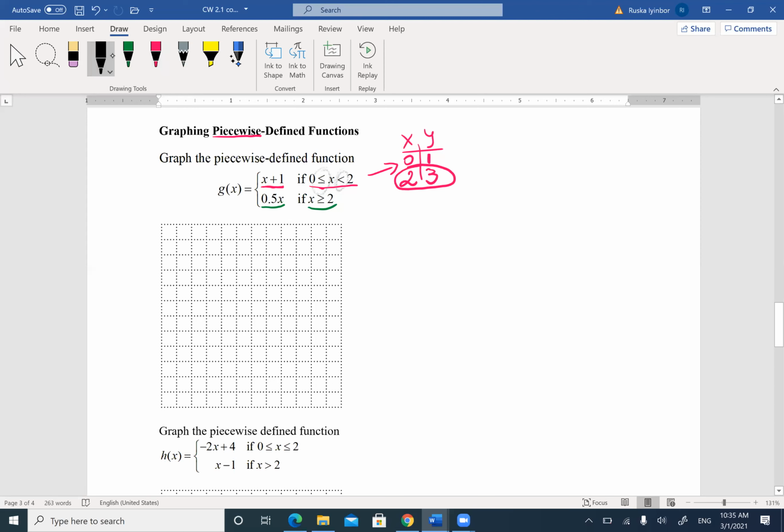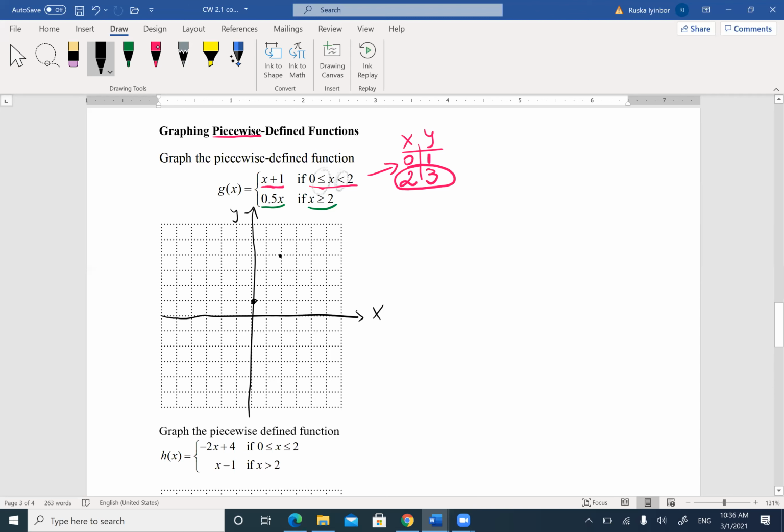Let's put the x and y axis here. Let's say this is my x-axis and this is my y-axis. So I'm graphing 0, 1: x is 0, y is 1, this point. And then I'm graphing 2, 3, this point.